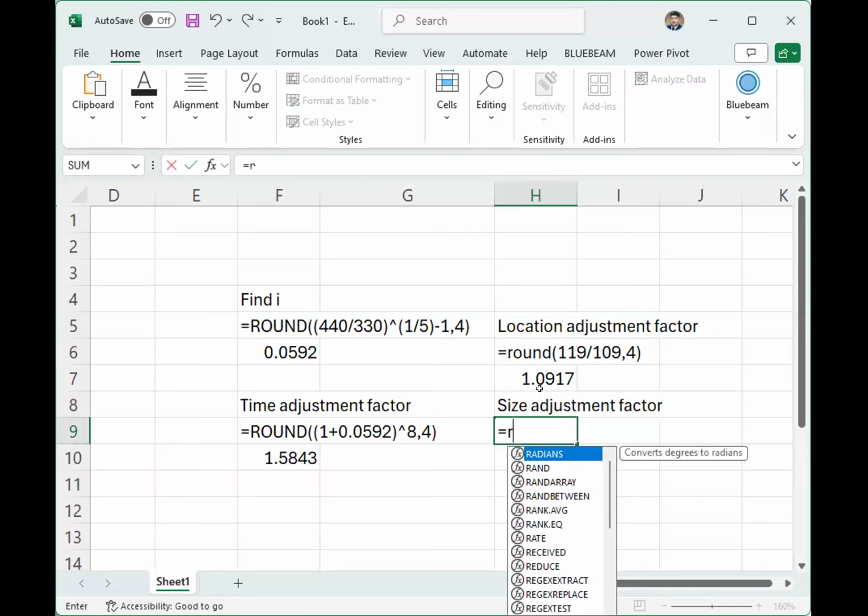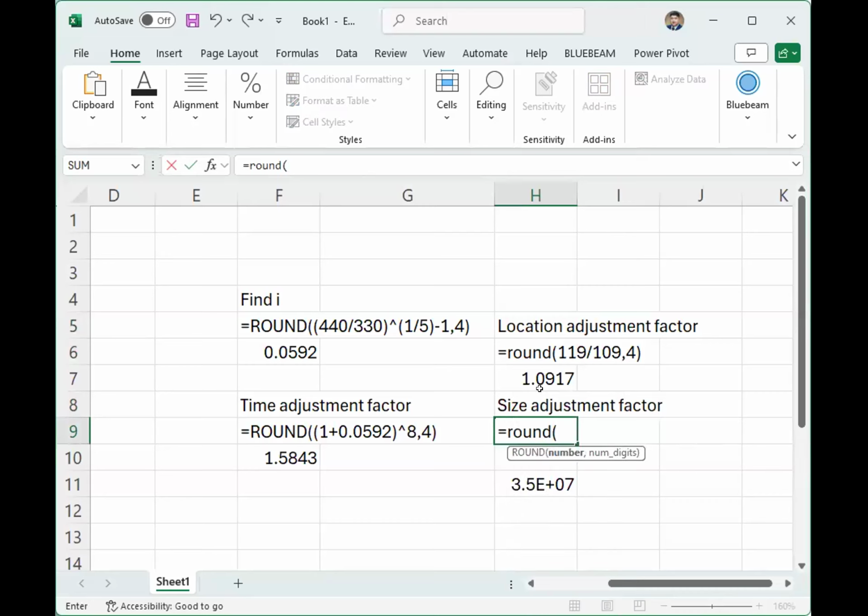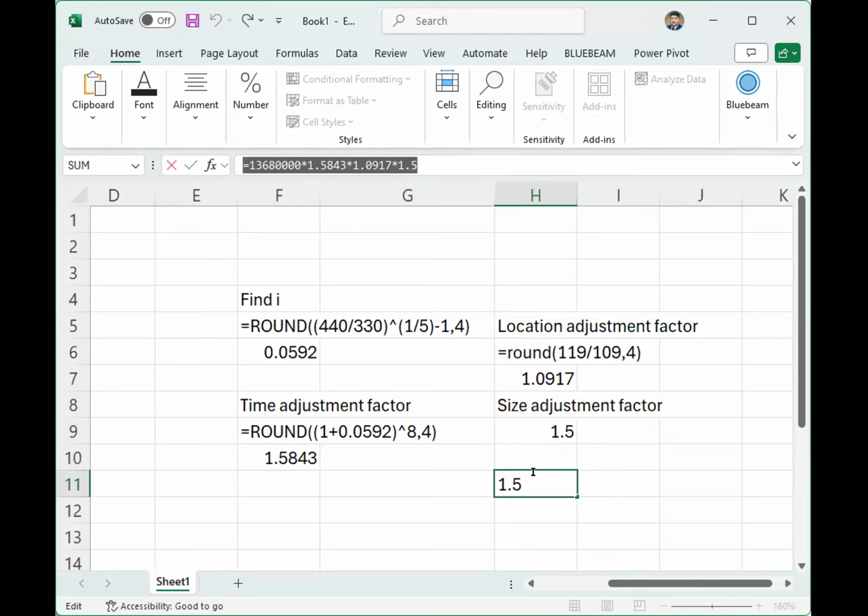That will be equal to ROUND. So the number we have here is 118,2000, and make sure you type in 4 decimal places, right? Because this one only has 1 decimal place, the round up will not make sense here, so it will only show 1 here. So the last one we have is using those things, the cost is equal to that.